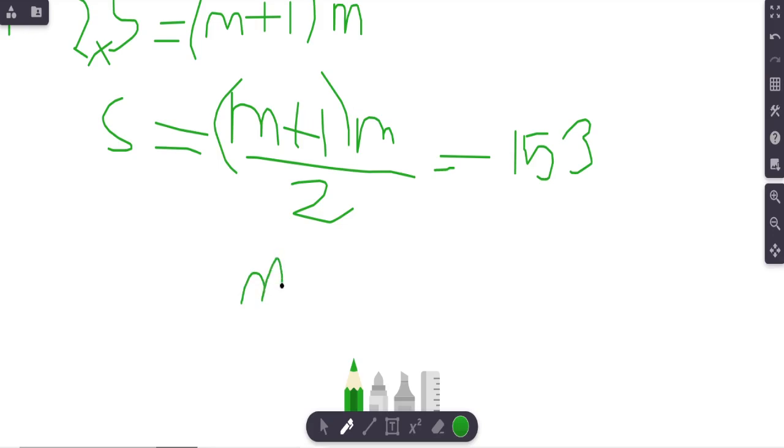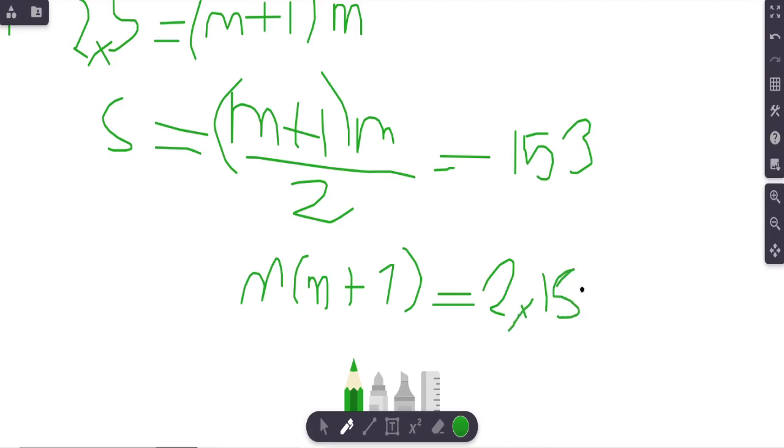Okay, so n multiplied by n plus 1 equals 2 times 153 equals 306.